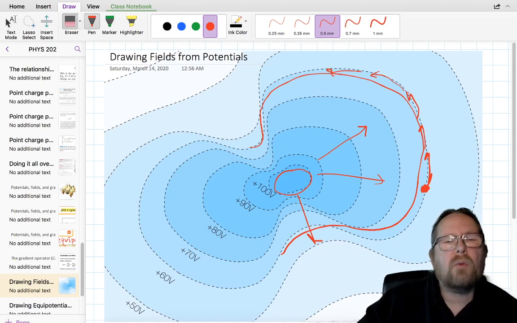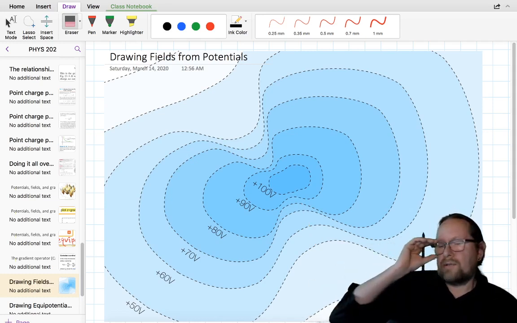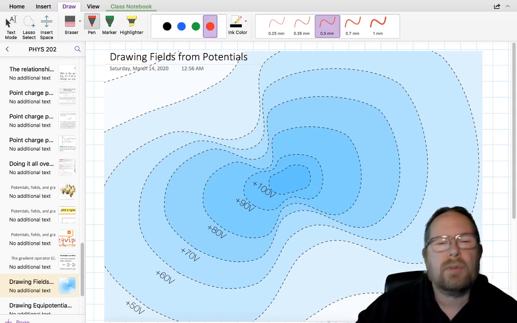So say this is your equipotential surface. What is the direction of the electric field, or how would I sketch the electric field due to this equipotential surface?